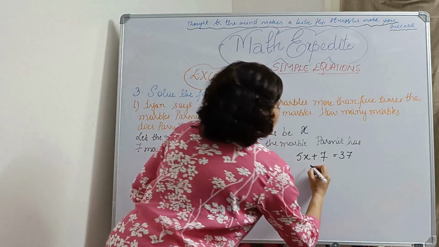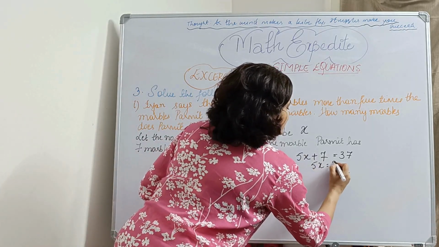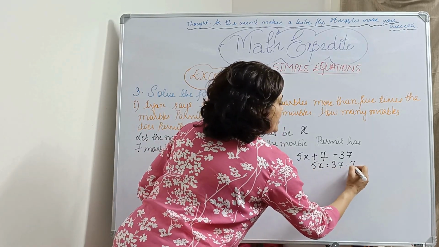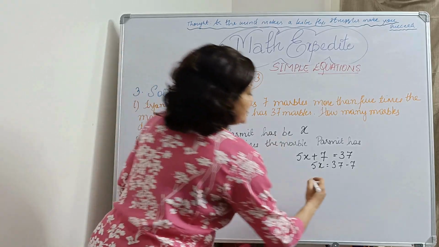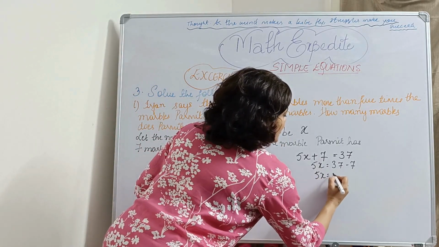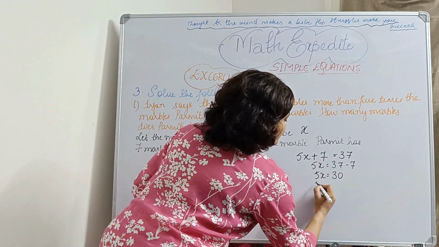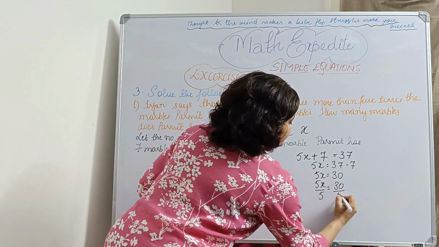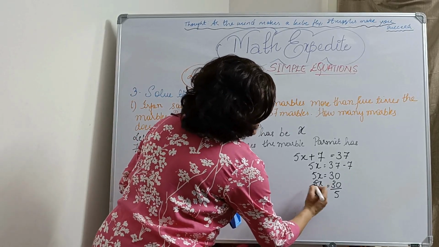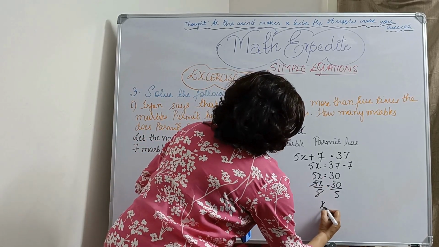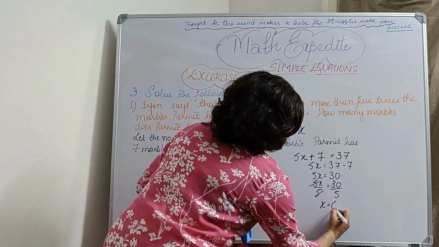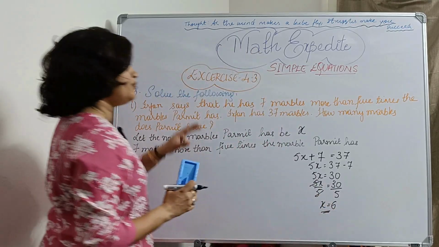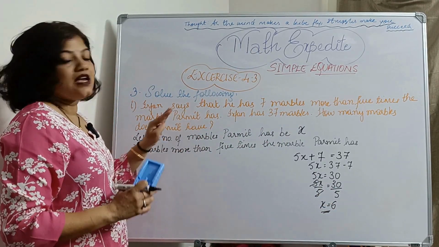Let us solve this. 5x equals 37 minus 7. I have transposed 7. 5x is equal to 30. Now let us divide both the sides by 5. Here 5 and 5 get cancelled. So x equals 30 by 5, which is 6. So Permit has 6 marbles.